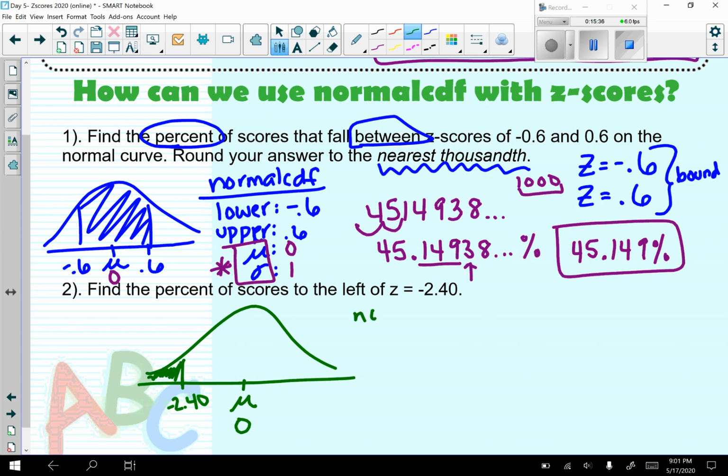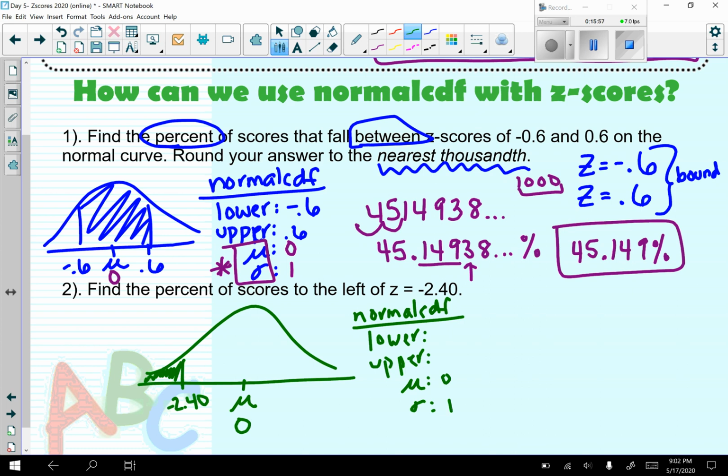So I'm going to use normal CDF, which means I always need 4 pieces. I need my lower bound, my upper bound, my mu, and my sigma. Mu and sigma, since I'm using z-scores, are going to be 0 and 1.